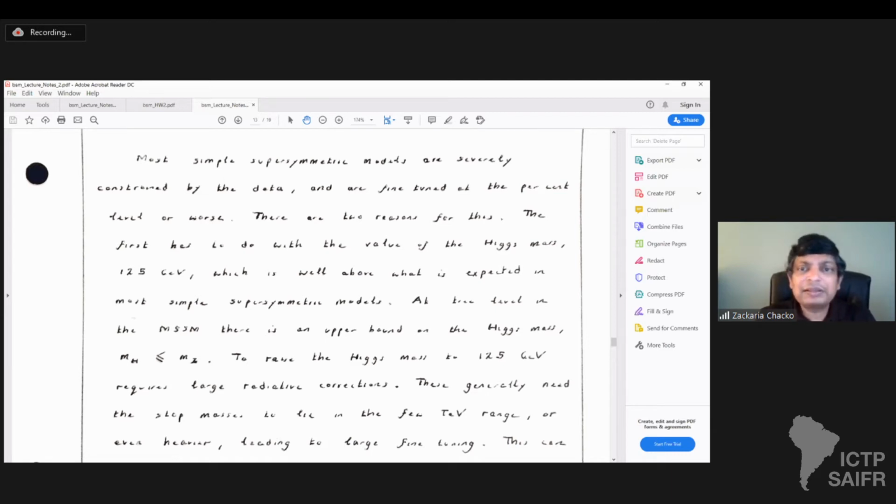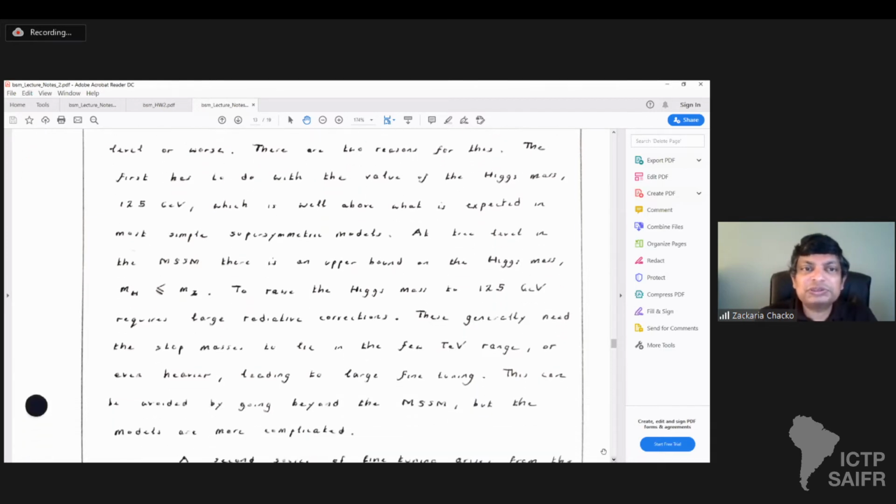And there are 2 reasons for this. The first has to do with the value of the Higgs mass, 125 GeV. The problem is that this is well above what is expected in most simple supersymmetric models.